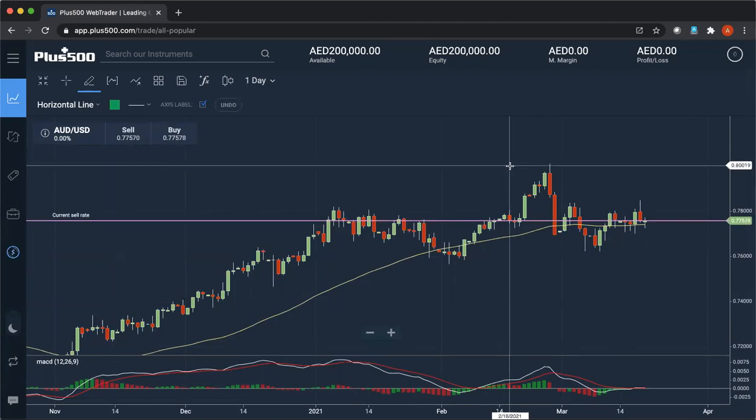So this 0.80 here is the first IPL at the top, and you can see how nicely the price is showing us the reaction and showing this level as a resistance level. The next IPL here we don't bother with, because this is daily.